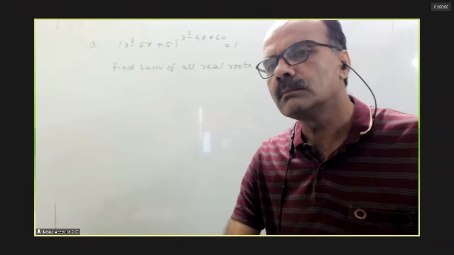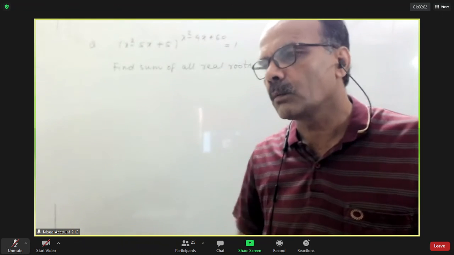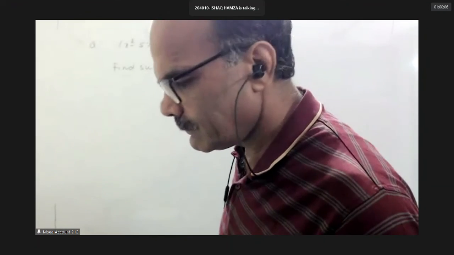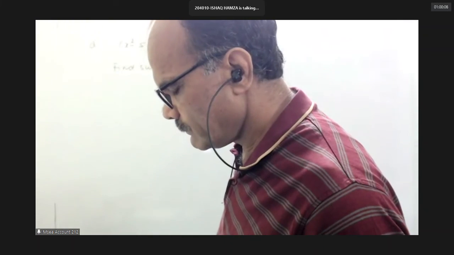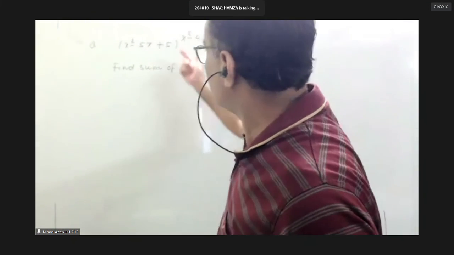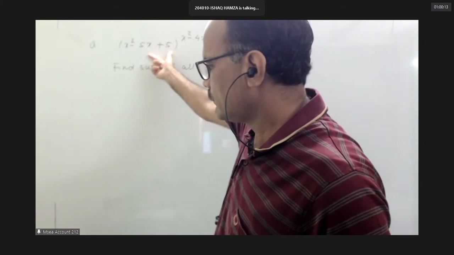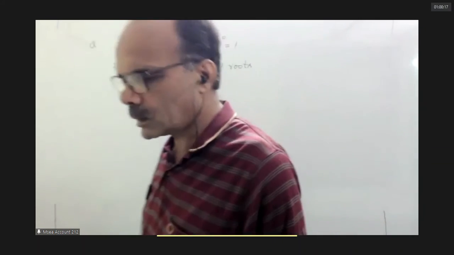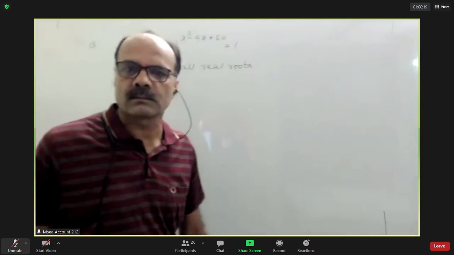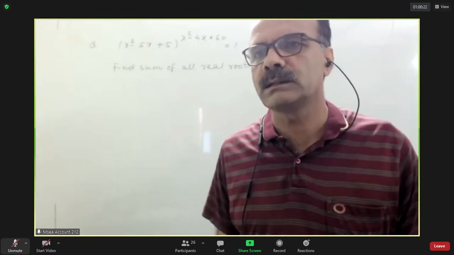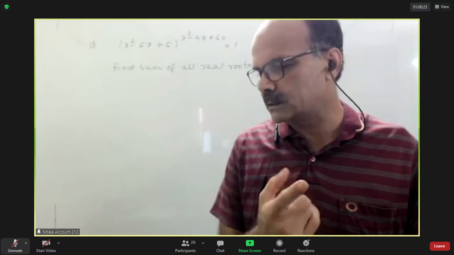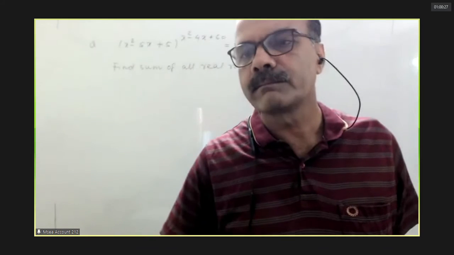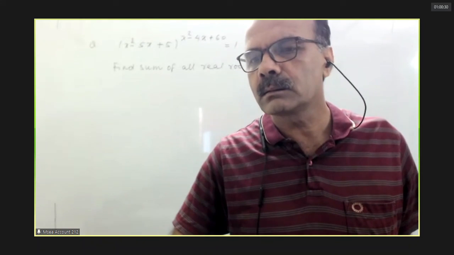What's your name? Ishaq. What are the different cases? The exponent is 0 and the base is not 0, or the base is equal to 1, or the base is equal to -1 and the exponent is even. Correct. These are 3 possibilities. As you said, we have to take care of 3 cases. Okay, I am disconnecting.